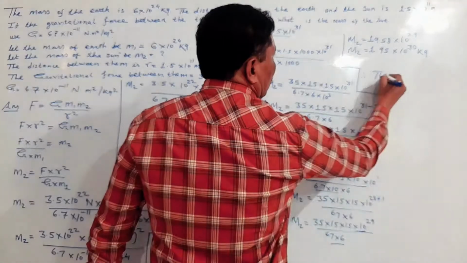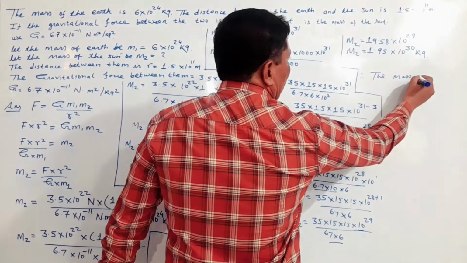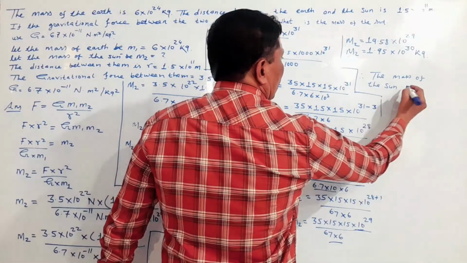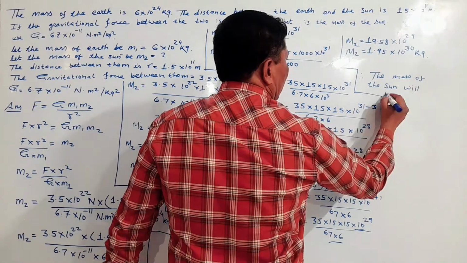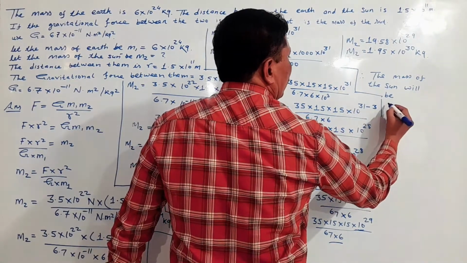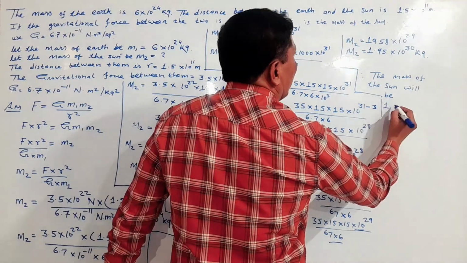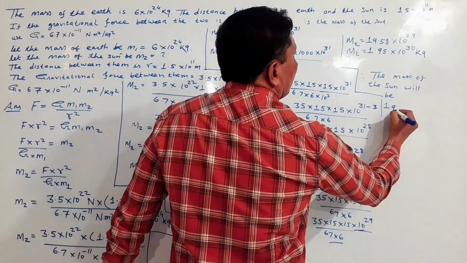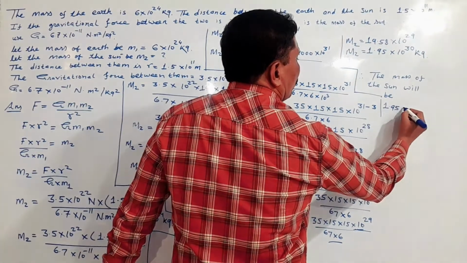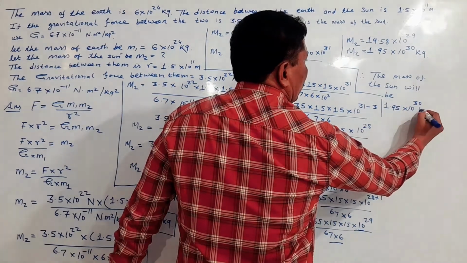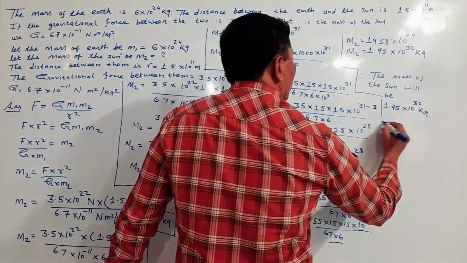Therefore, the mass of the sun will be, I'll write here, 1.95 into 10 to the power 30 kg.